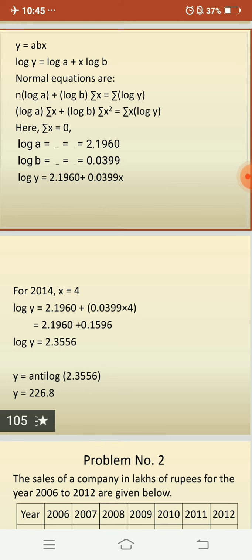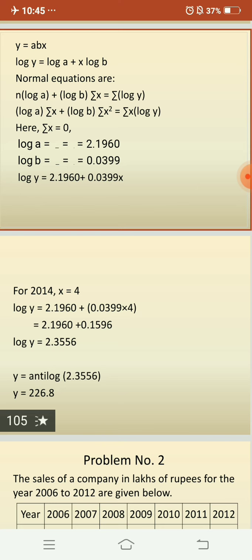Now multiply log b into x, here you get 0.1596. For 2014, x equals 4, log y equals, in place of log a you substitute 2.1960 plus 0.1596 into 4, where 4 is the x value in the year 2014.